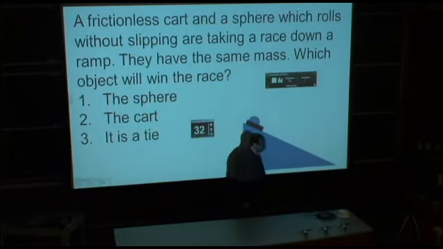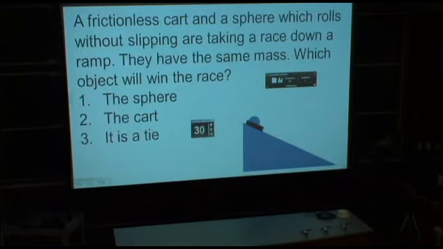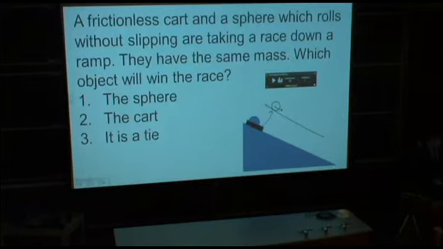The best approach to this situation is not actually imagining what you're told to imagine, a cart sliding down and a sphere rolling down. The best approach is to imagine two spheres. One sphere slides down on the icy surface, so it doesn't roll, it just slides. This sphere represents this cart.